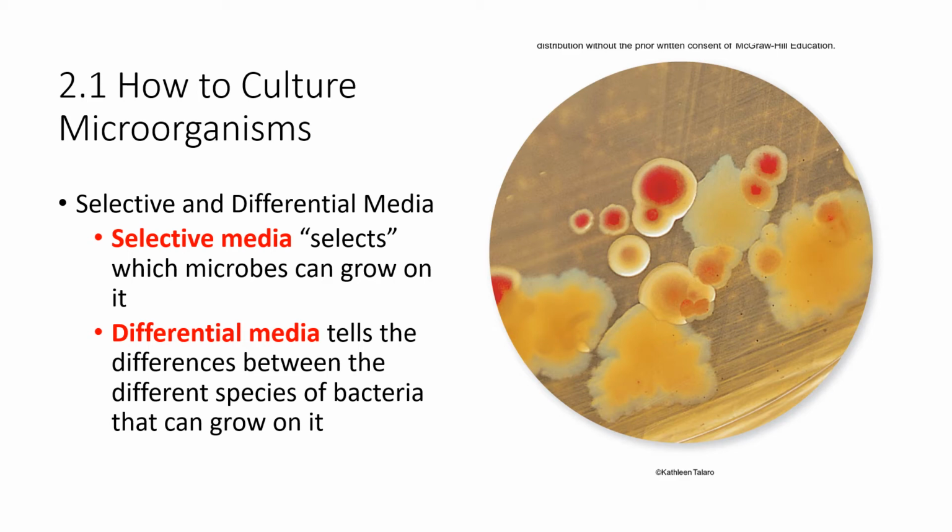Some reds, some yellows, some off-whites, depending upon the bacterial species. Selective lets you select who can and cannot grow. Differential, whatever does grow, it lets you tell the differences.